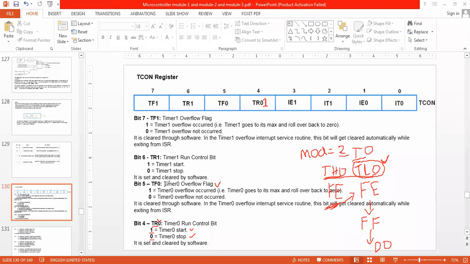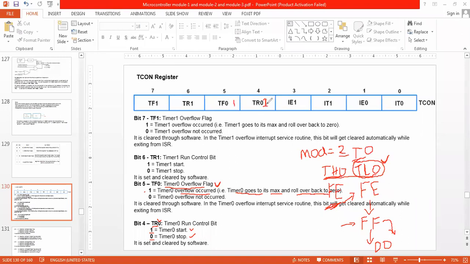Along with TR0, TF0 is also working. What is the function of TF0? Timer 0 overflow. Whenever overflow occurs, it will become 1. Timer 0 goes to its maximum and rolls over back to zeros. Whenever the timer goes to the maximum value and rolls back to 00, then TF0 will automatically go 1.